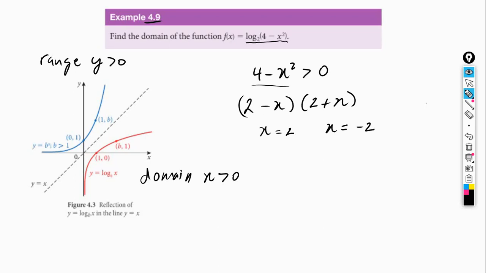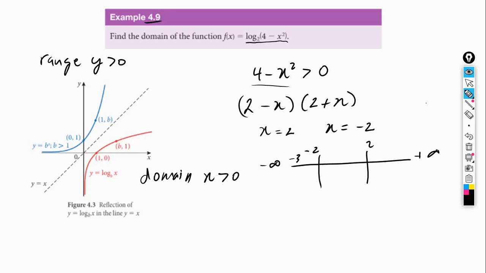So we can build a little table where we have -2 and 2 and test values before negative 2, between negative 2 and 2, and values greater than 2. Something that is less than negative 2 would be negative 3.